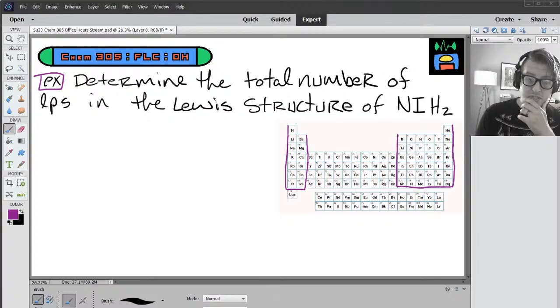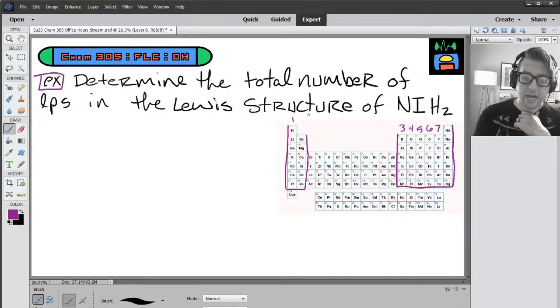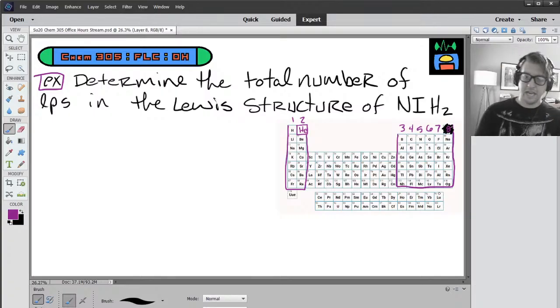So again, what you do is you identify the column of the main group, and actually, for this method, I should point out that helium belongs in that second column. So this is the 8th column.